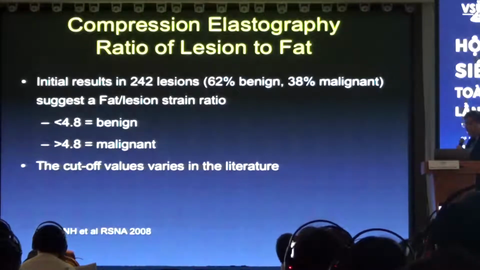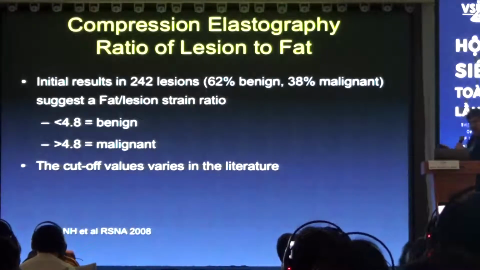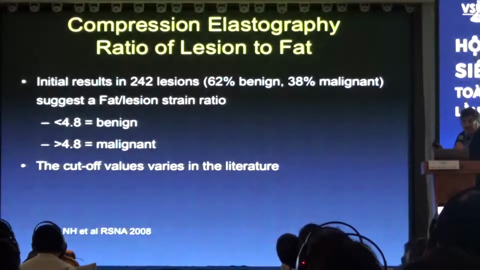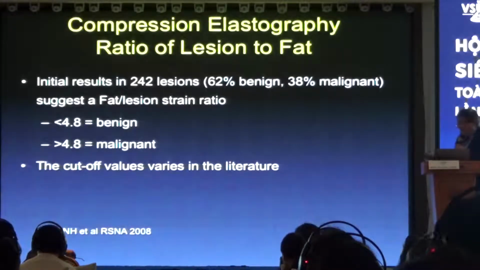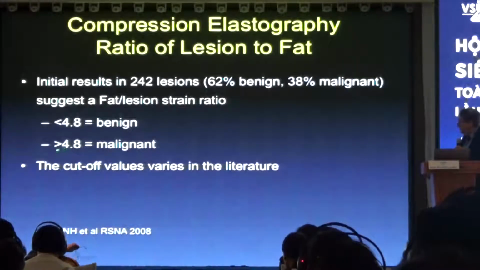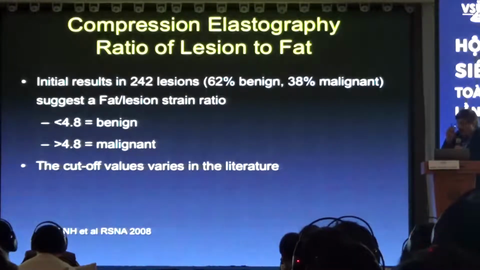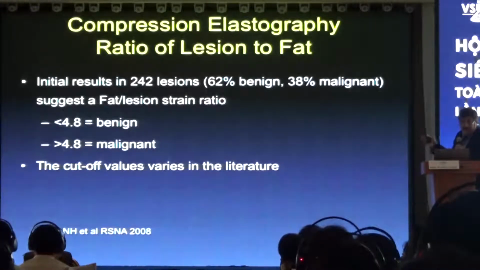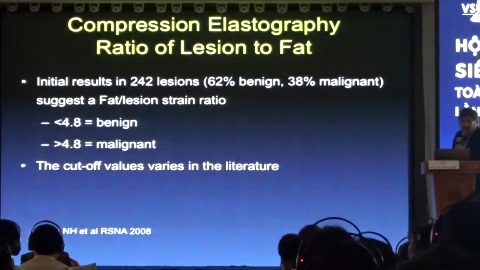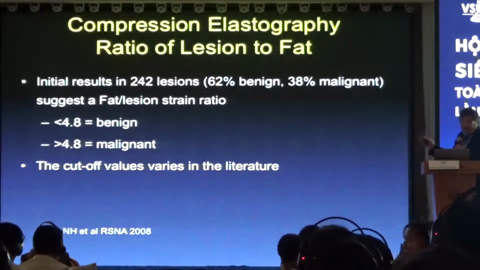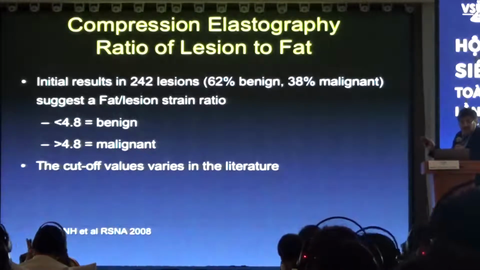They found that if you put an area marker over the lesion and an area marker over fat and compared the stiffness values, if that was greater than 4.8, it was malignant, and if it was less than 4.8, benign, with pretty good results. So again, using what's called a strain ratio, and you'll see that as we go to other organs, this is often one way of using strain. Again, the change in size seems to be very unique to breast.